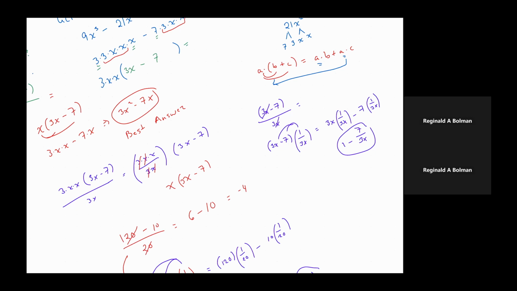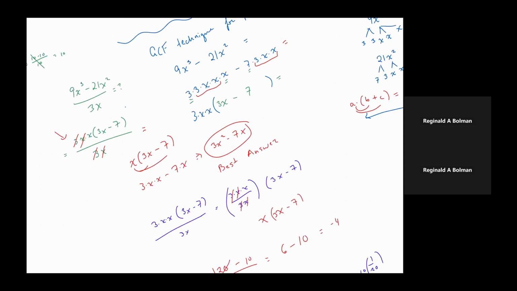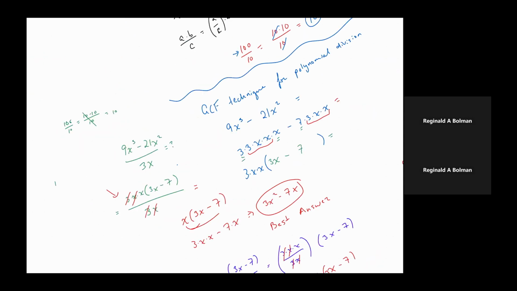This brings us to the second technique that the book teaches in terms of how one can handle the division of a polynomial by a simple polynomial. In this case, we have a simple monomial expression 3x that's dividing into a more complicated sequence of terms, a binomial 9x cubed minus 21x squared.